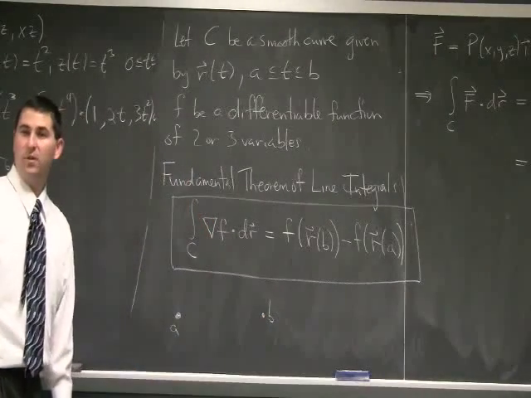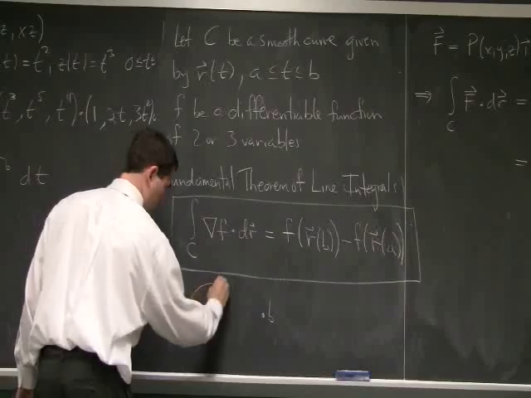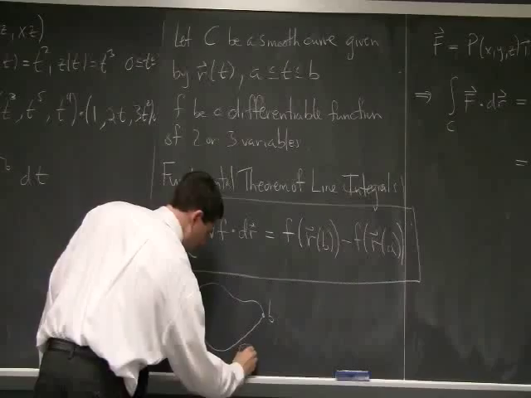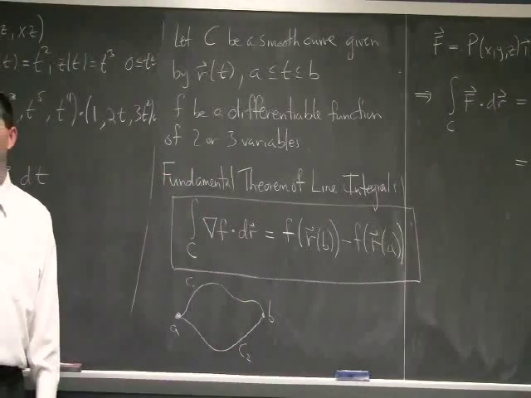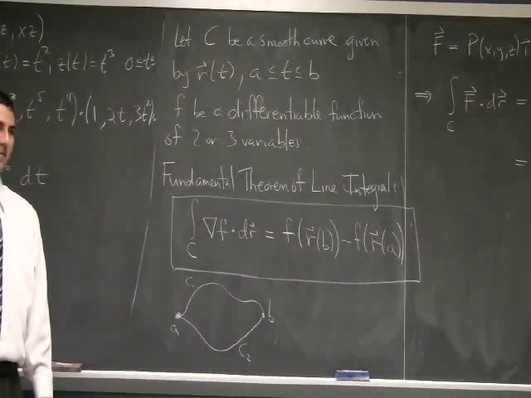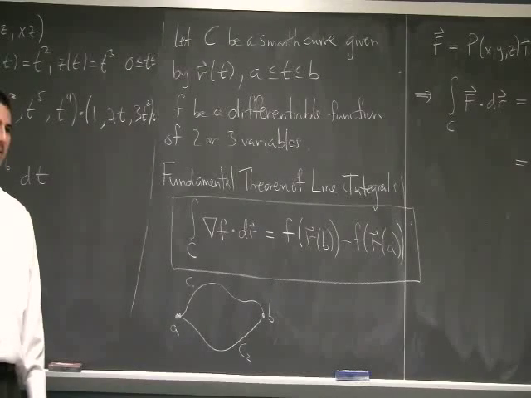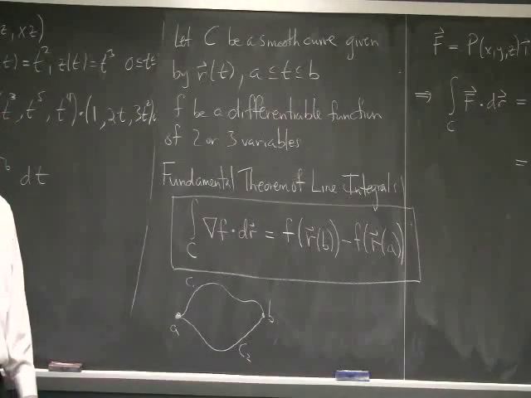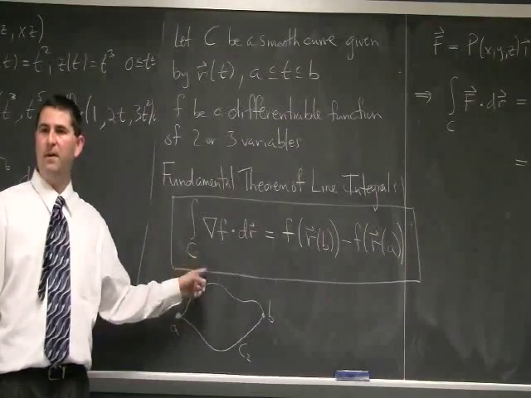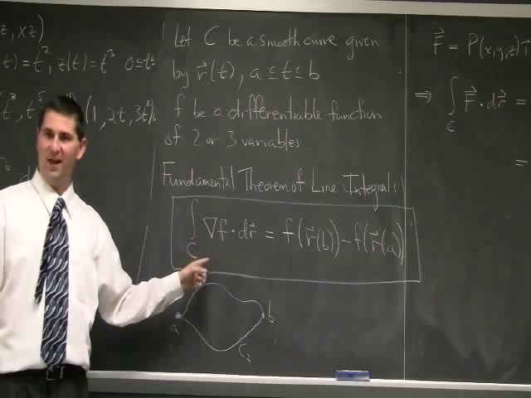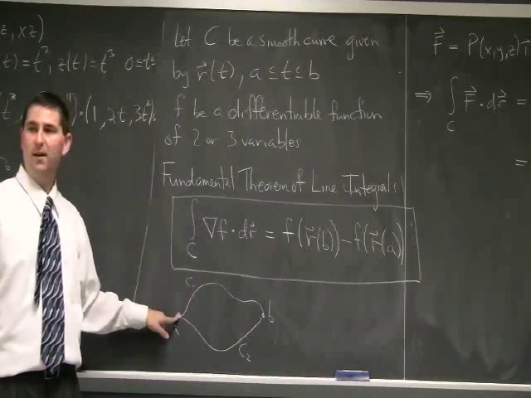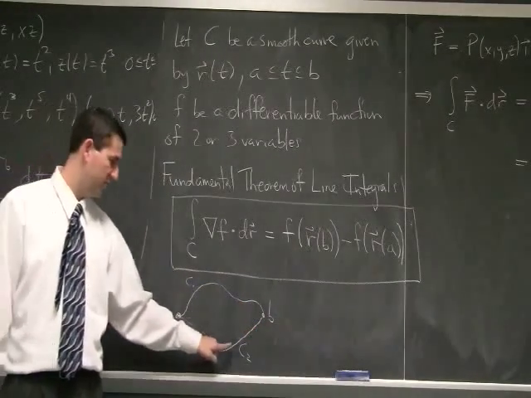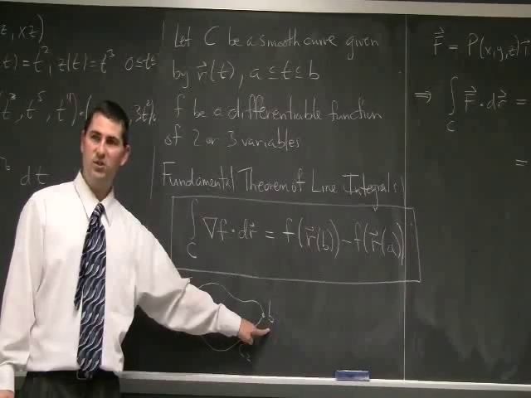Let's say you had two different curves. There's C1, and here's C2. The fundamental theorem of line integrals says that if you integrate over C1 or over C2, what should the answer be?